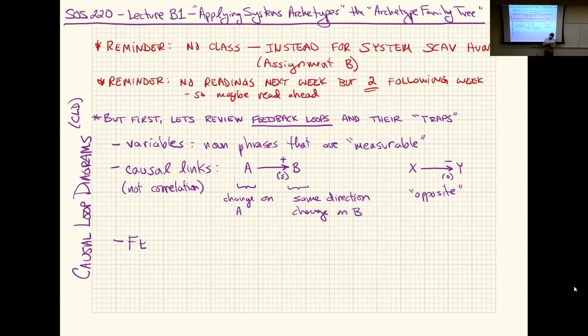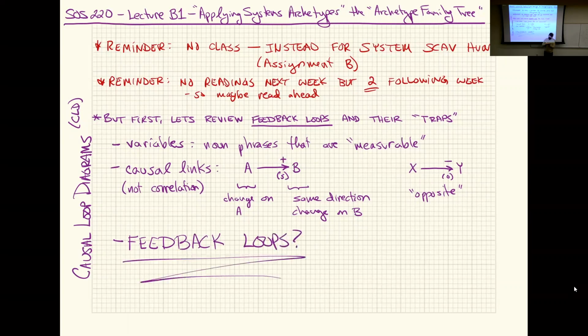So I'll just start a new page here. Feedback loops.